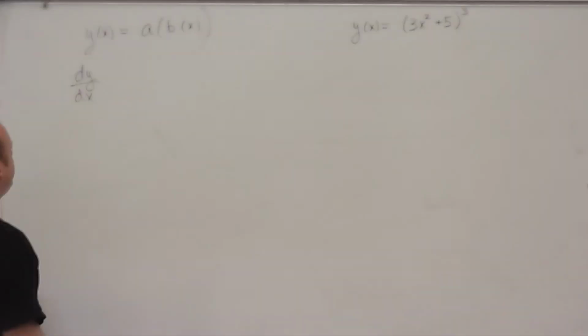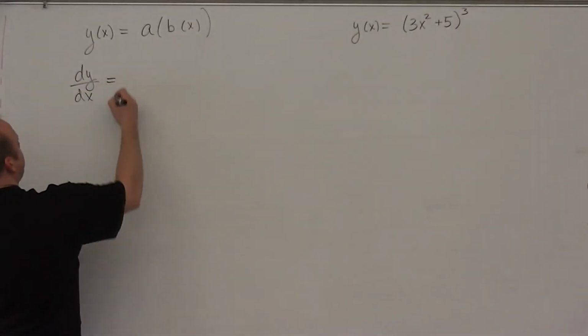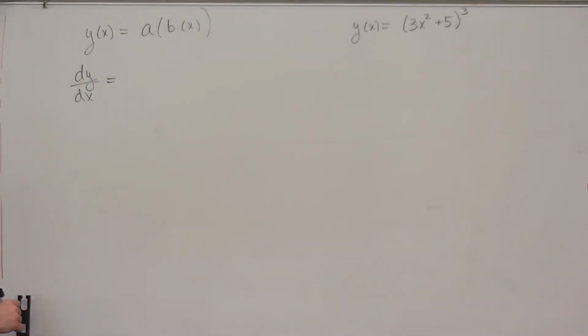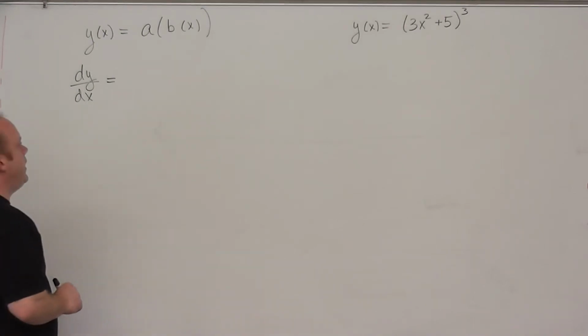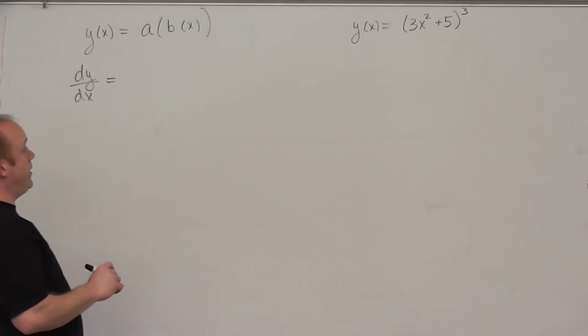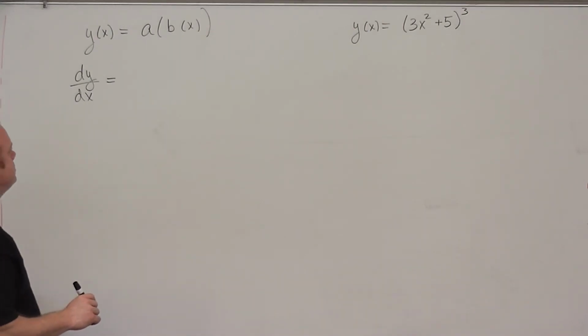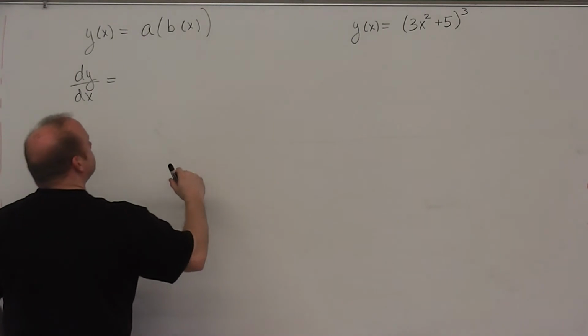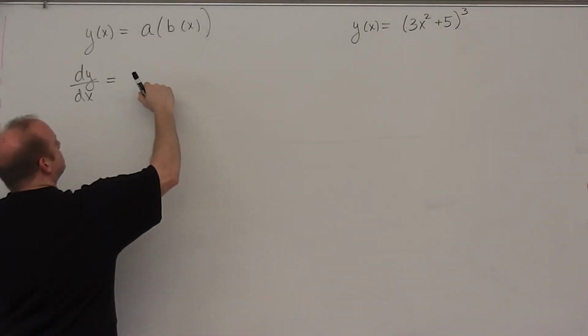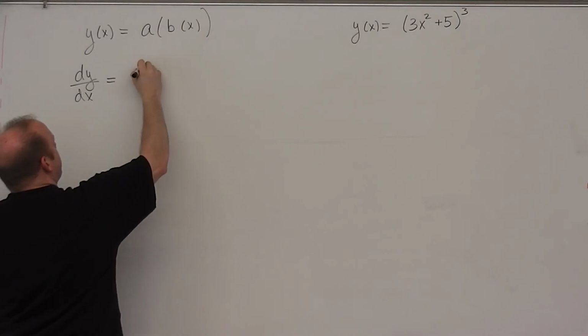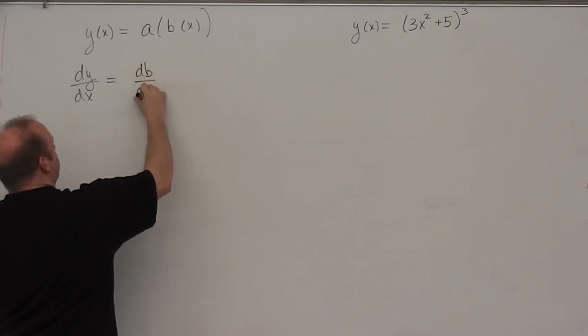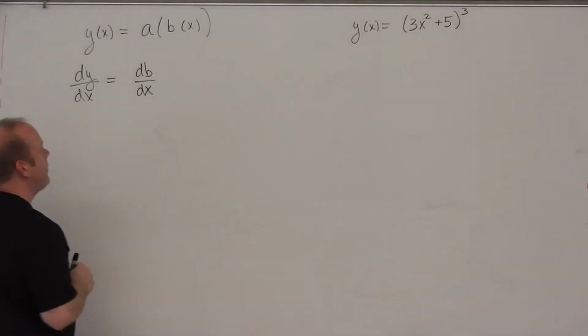So now dy/dx is going to be, let me make sure I get this right in the general form, the derivative of b, so it's going to be db/dx.